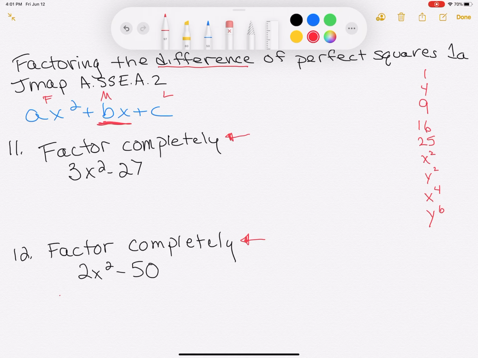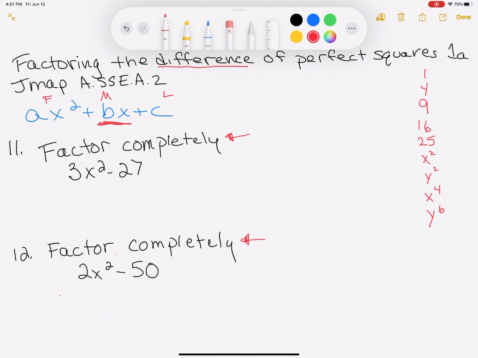So when we started factoring, we started out with the GCF. Now we're going to combine that with the difference of perfect squares. So we have two terms with a minus sign in between them, but we don't have perfect squares. 3 is not a perfect square and 27 is not a perfect square.